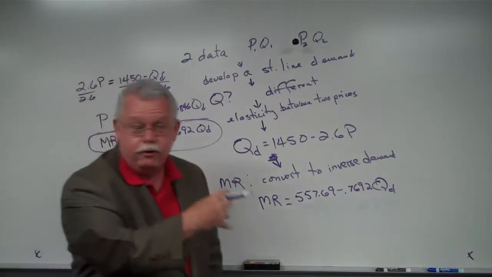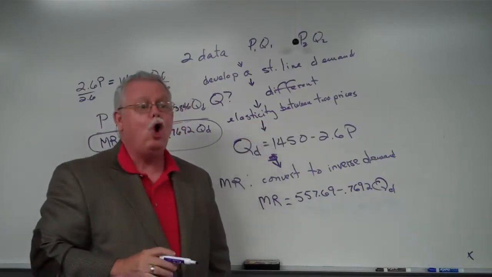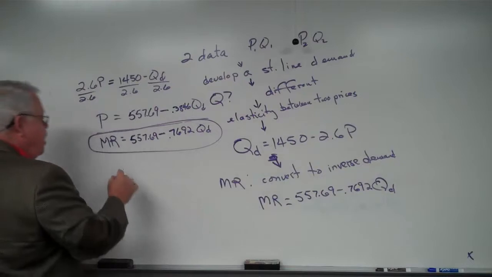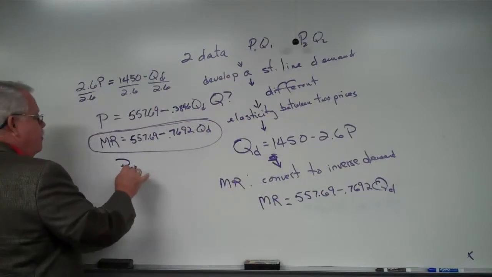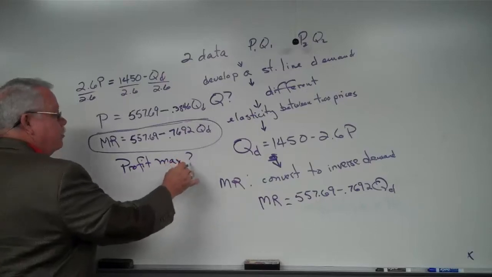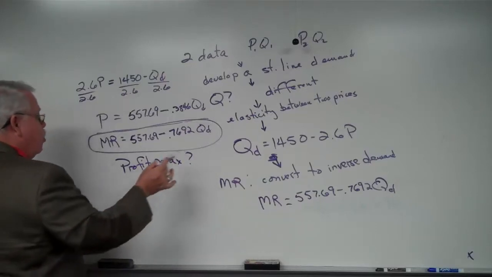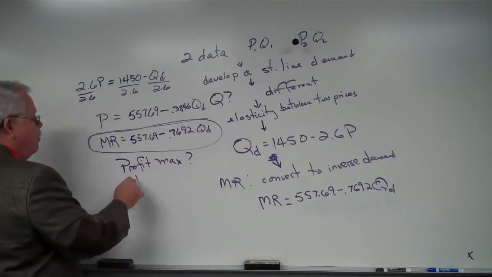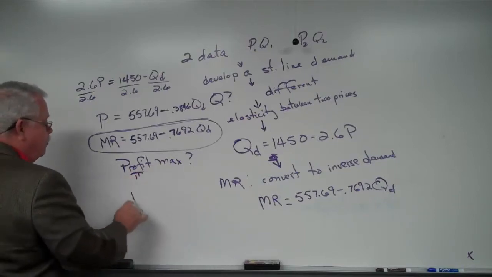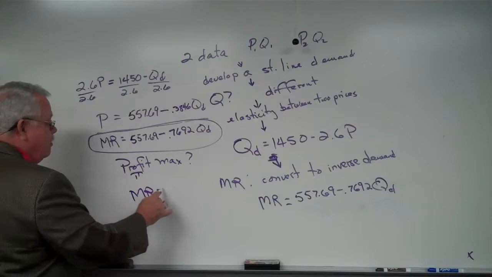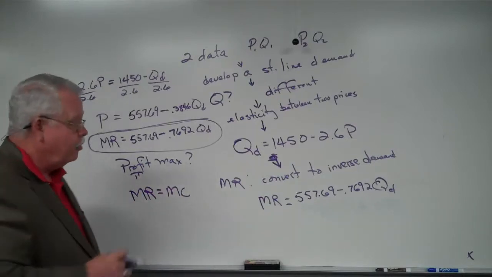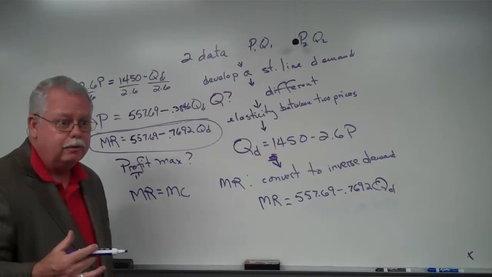So, this takes us to the point where you're ready to ask me about costs. And where we do this is typically we say, what is their profit maximizing output and price? How should they maximize profit? And I use a symbol pi for profit, okay? And the rule for profit maximization is set marginal revenue equal to marginal cost. And so we have to have a cost function.